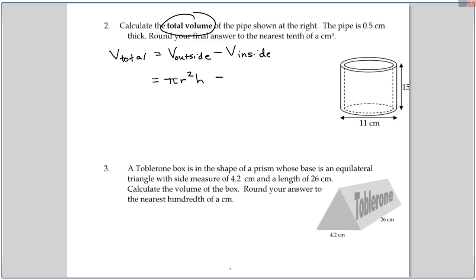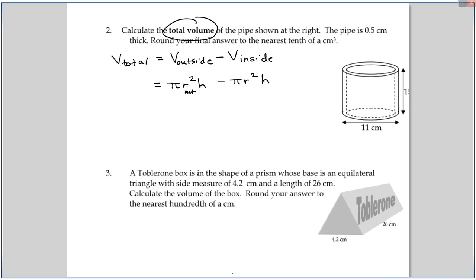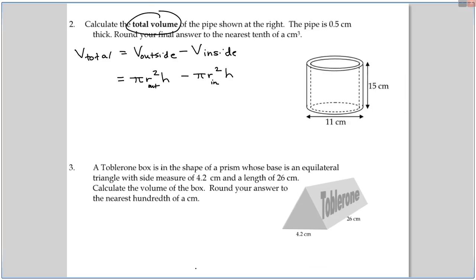And the other one is also pi r squared h, but the r's are different. You have the r of the outside and you have the r of the inside. Okay? So what are these radiuses, or radii? What are these radii? You would need, like, the volume of the outside is just like if there was no hole.